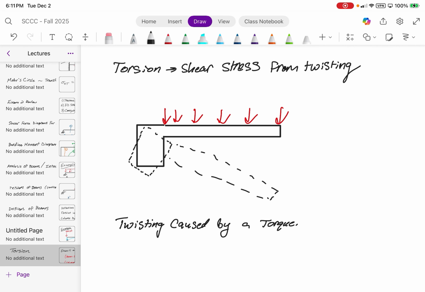So in a very similar way to how we calculated axial stress and deformation, we have an associated deformation here as well. So phi is the angle of twist, which is the deformation.